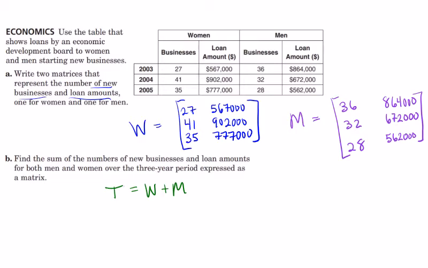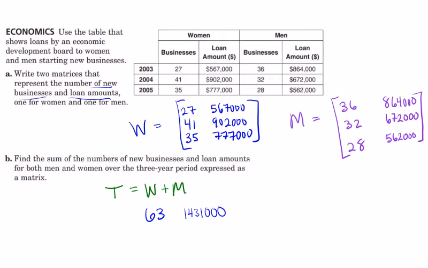I'm just going to keep this notation here, and then I'll add them by mental math or using calculators. So 27 plus 36 is 63. I'll keep going by rows. 567,000 plus 864,000 is 1,431,000.